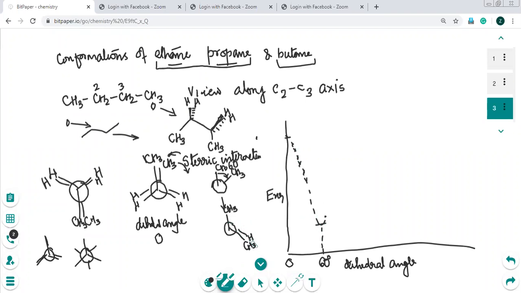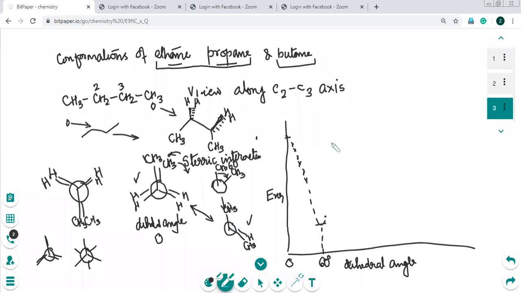Now the next maximum. Compare these two. Which do you think will have higher energy, and which will have lower energy? Definitely, this will have higher energy and this will have lower energy, because the CH3 groups are away from each other. But this CH3 and this H are eclipsed, and they are very close.